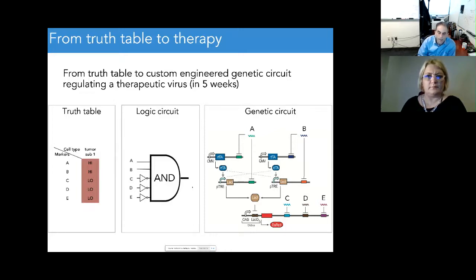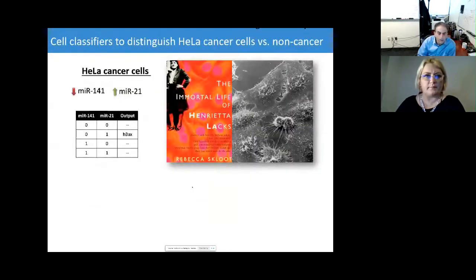So I'm not going to be able to talk, as expected, about the full complexity of the circuit, but let me show you some building blocks. So let's start off with being able to sense different biomarkers such as microRNA. And so we're able to be informed through bioinformatics that microRNA 141 is low and microRNA 21 is high in HeLa cancer cells.